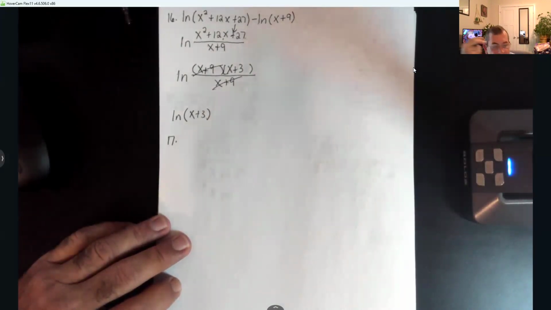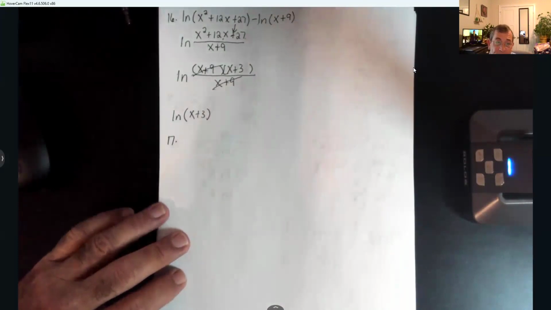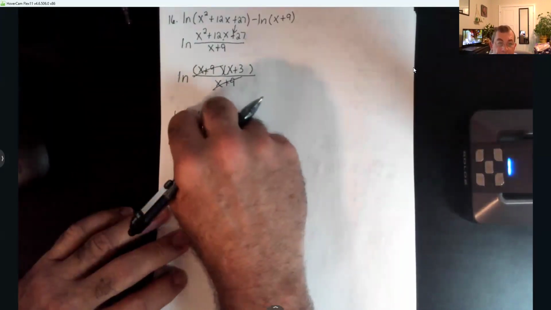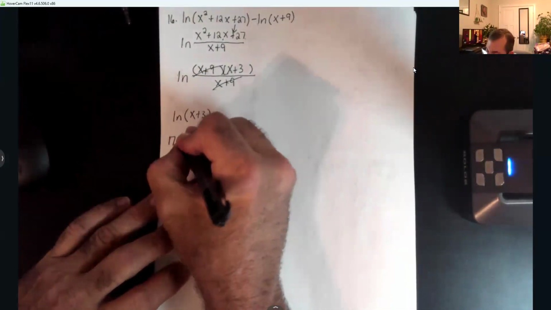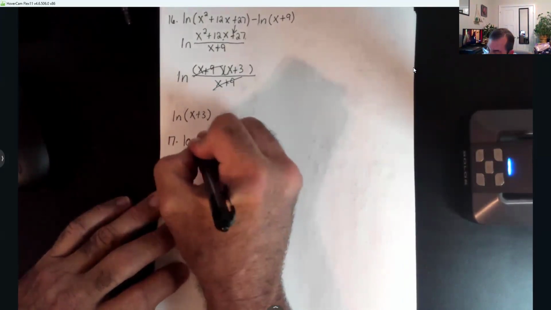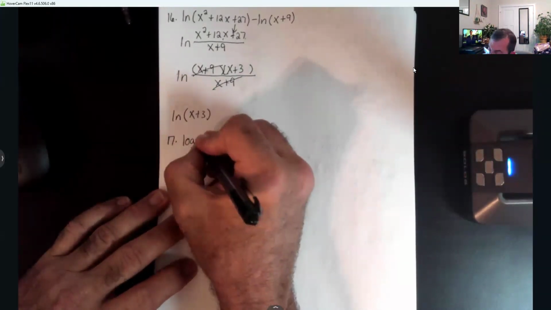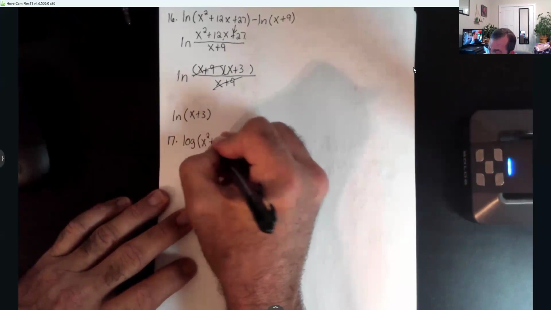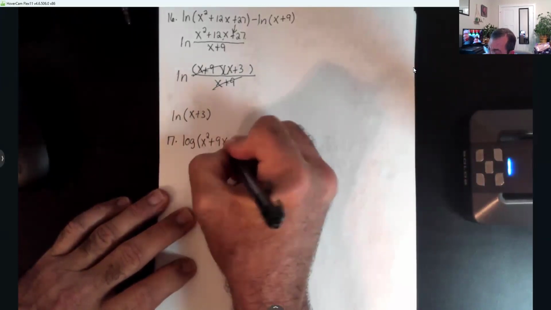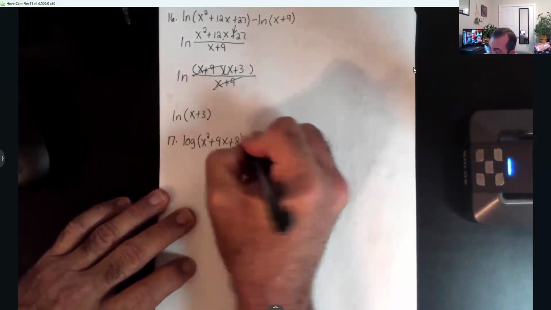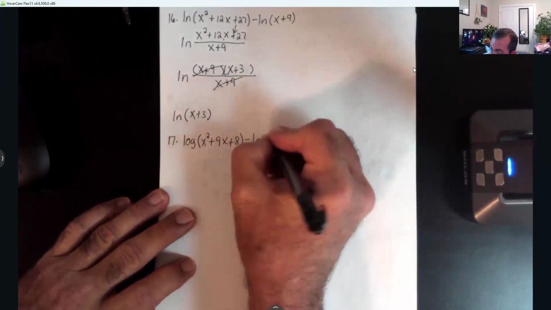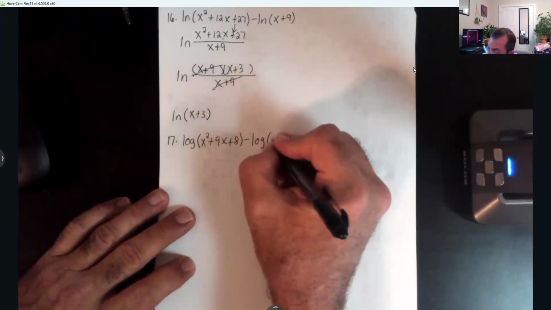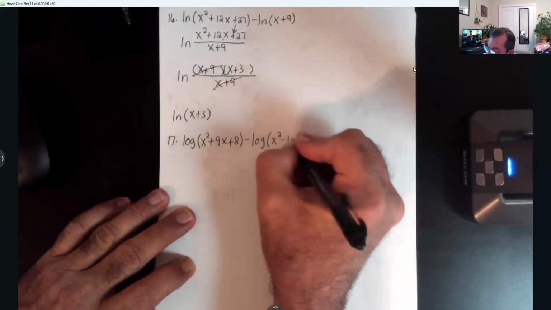All right, also, my last one is similar to number 16, but instead of using ln's, they're using logs. So I've got a log of x squared plus 9x plus 8 minus a log of x squared minus 1.